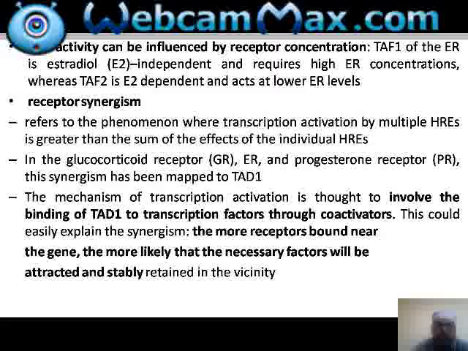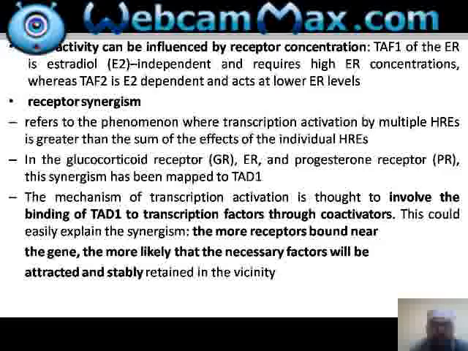We have the phenomenon where the transcription activity by multiple HREs gets activated, and the effect is much higher with respect to the transcription done by the activation of one HRE. So this is receptor synergism, and it has been seen in the TAD1 of the glucocorticoid, estrogen, and progesterone receptors.